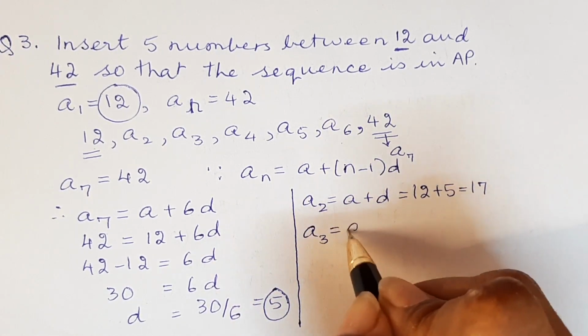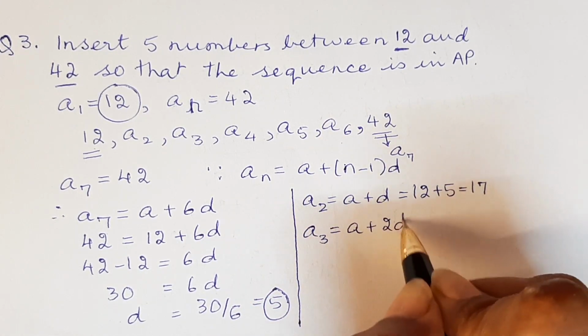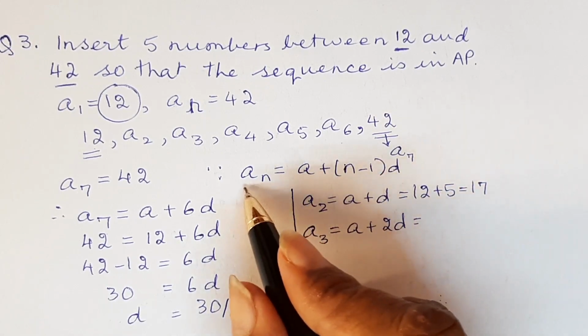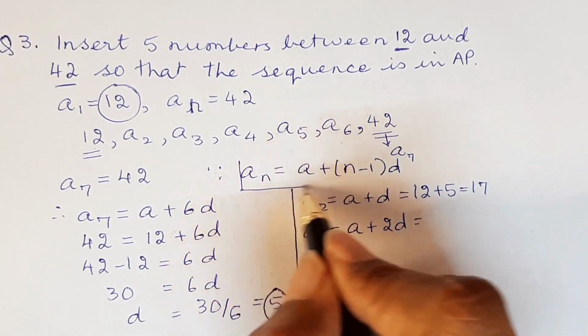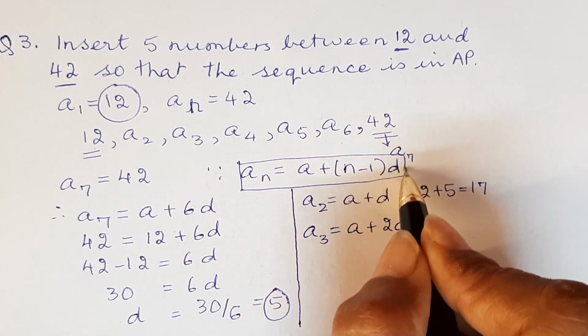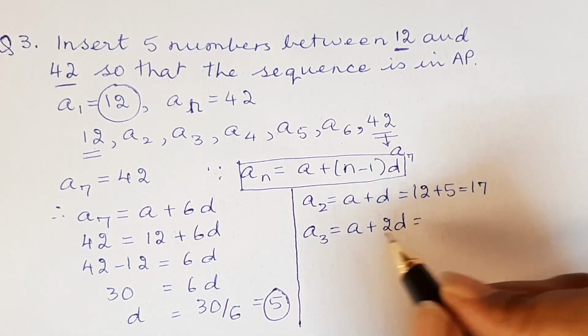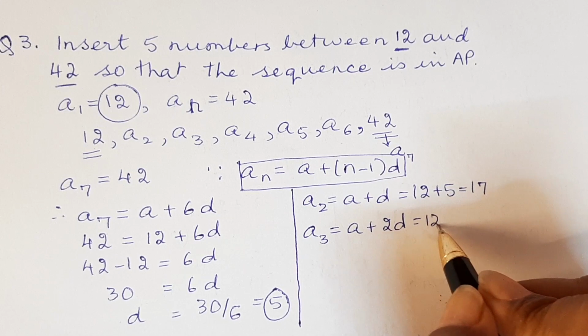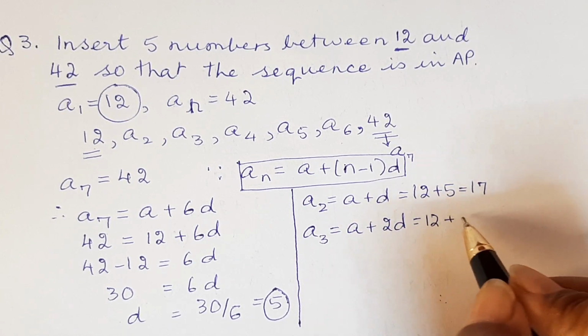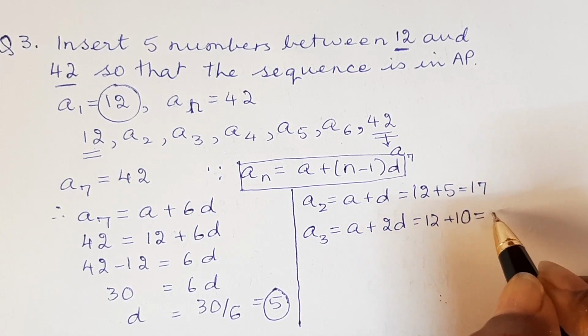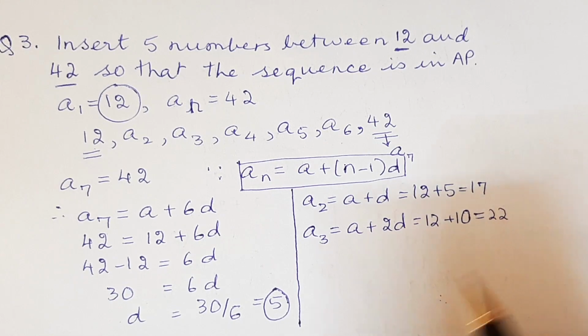A3 will be equal to A plus 2D. Which formula have we used? This one. This tells us the general term, and we use this formula to get A plus 2D, and that is 12 plus 2 into 5, which means 10, and that will be giving us 22.